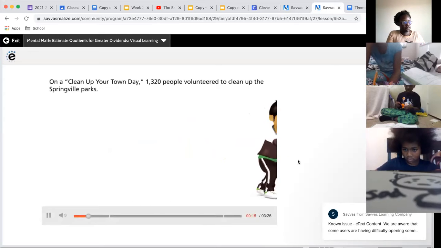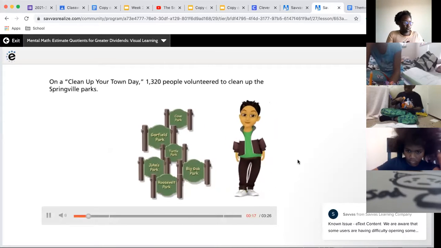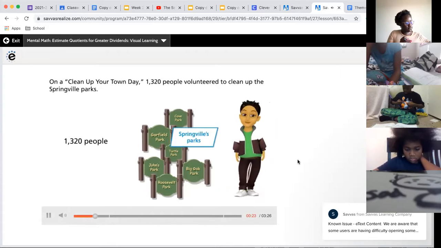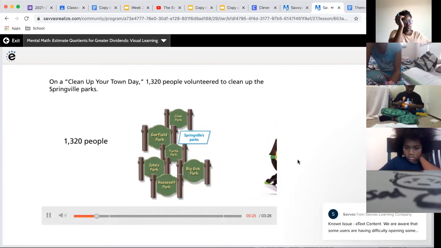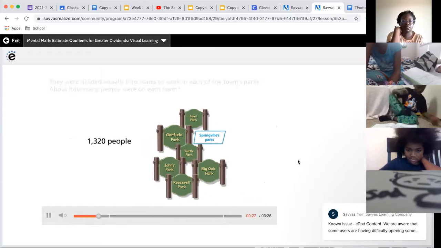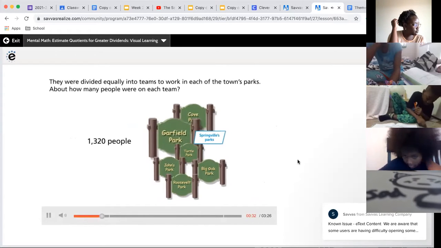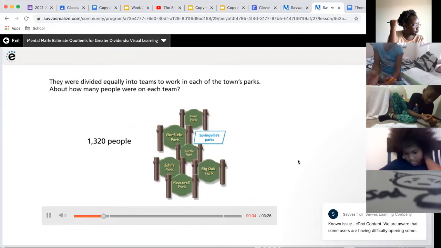On a clean up your town day, 1,320 people volunteered to clean up the Springville parks. They were divided equally into teams to work in each of the town's parks. About how many people were on each team?